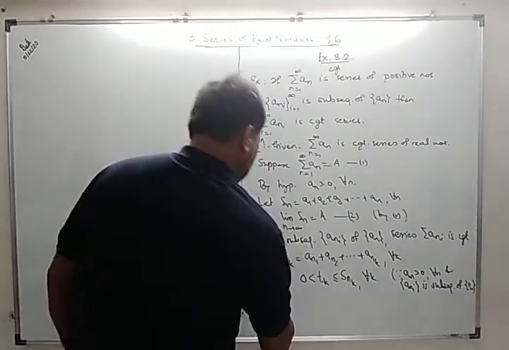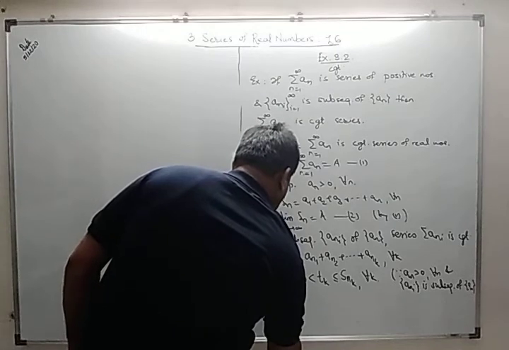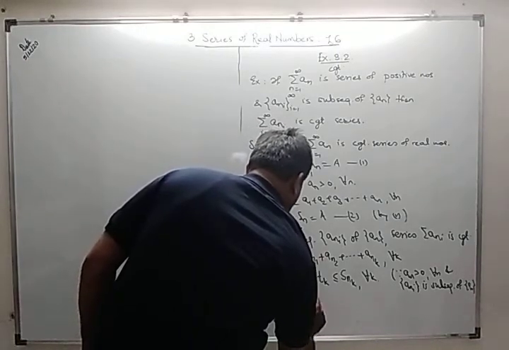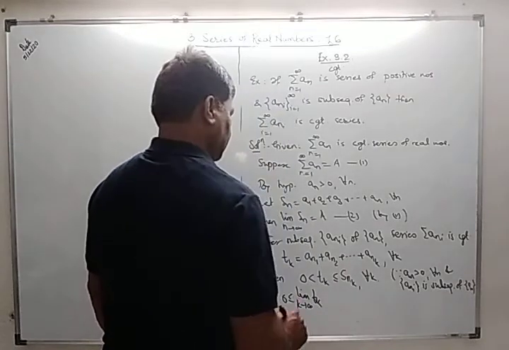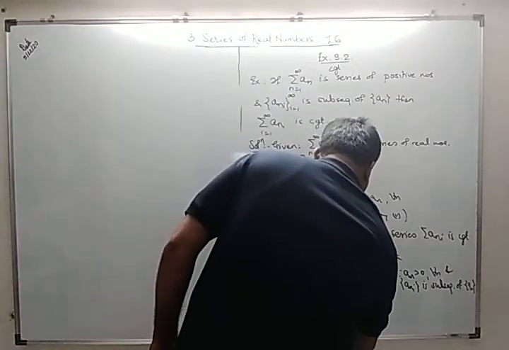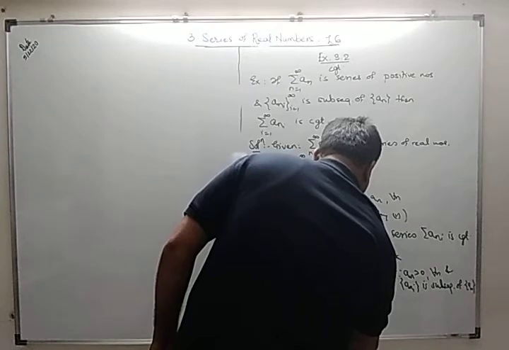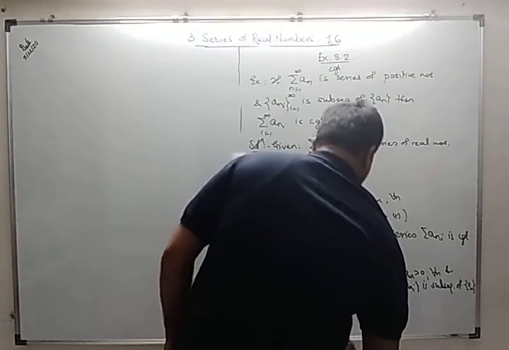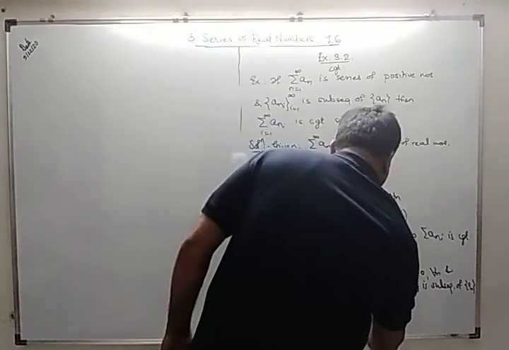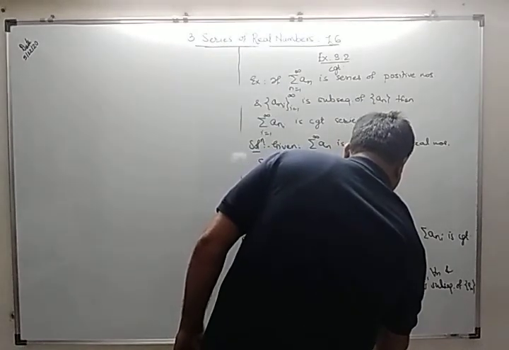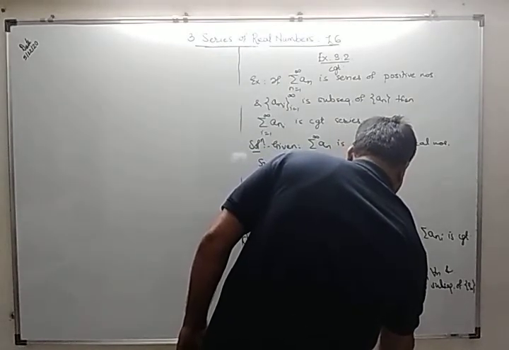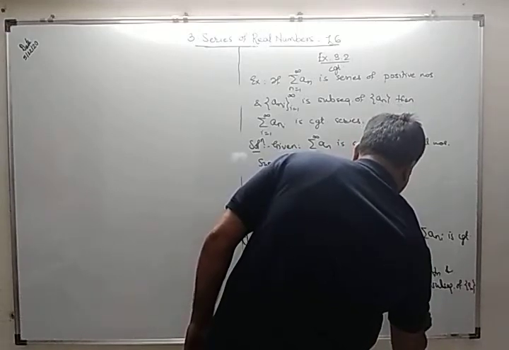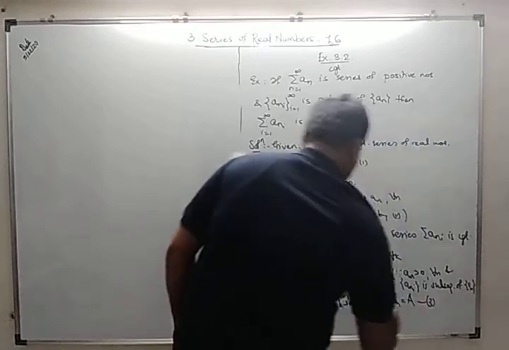Which implies 0 is less than or equal to limit k tends to infinity of T_k, less than or equal to limit k tends to infinity of S_{nk}, which is equal to limit of S_n, say A. Okay.